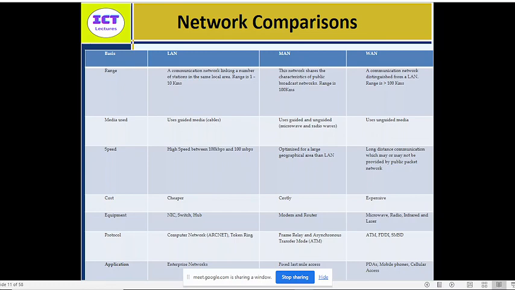As you advance the connection, you'll need satellite dishes that provide satellite waves, radio waves, microwaves, and so on. We're also going to look at network protocols. The protocols we implement within a local area network are far different from the protocols that you implement within a wide area network.